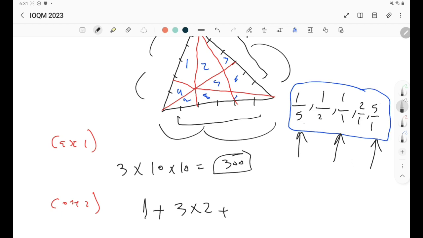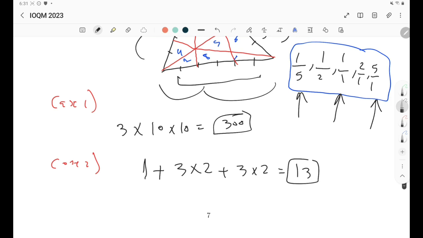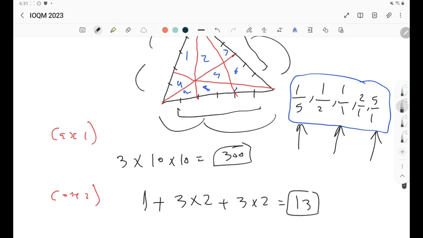Plus, if we're going to do the 1 over 2, then also 3 times 2. So, yeah, 6 plus 6 plus 1, okay, this is 13. So that simply means that here we have 13. So right now, if we add them up, 3, 1, 3, if we square, let me just double check that we did not miss something here.